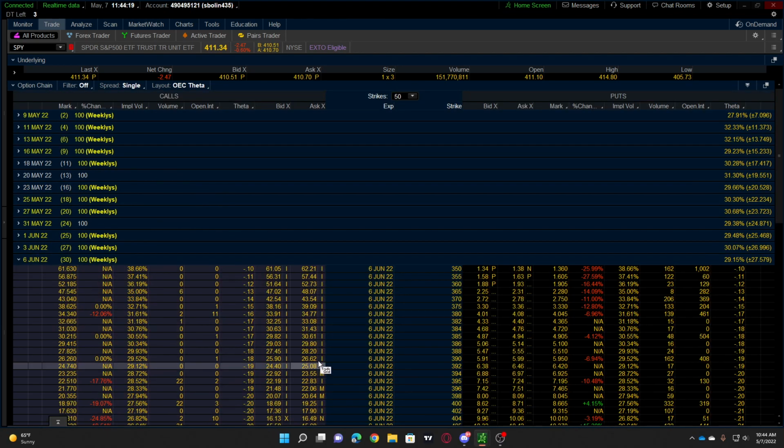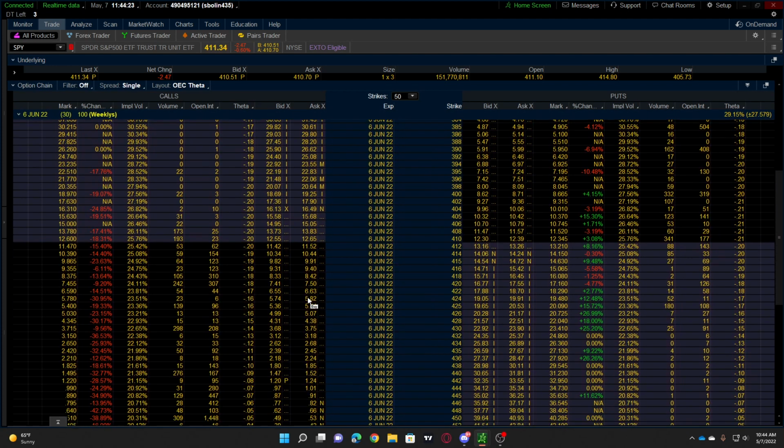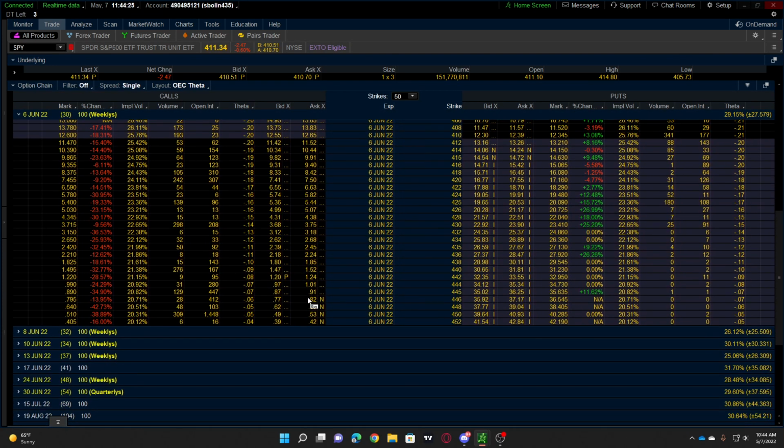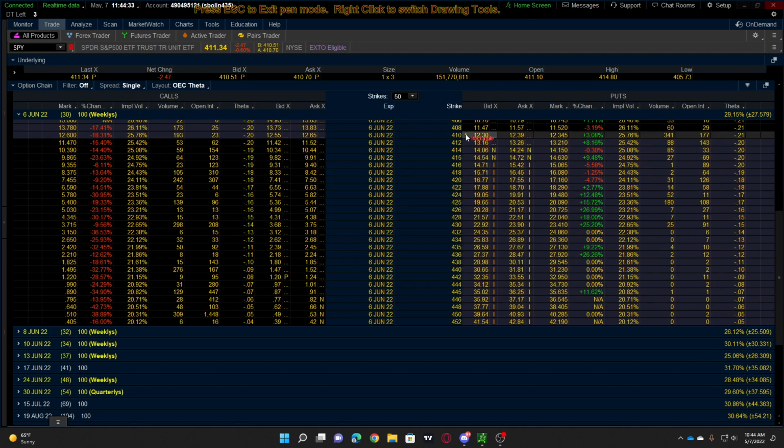Here's 30 days to expiration, and we'll just scroll up a little bit so the numbers are right underneath theta. And we want to look at the 410 strike. So here's the 410, and here's the theta column.